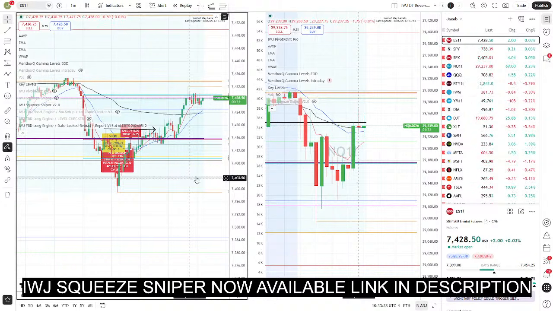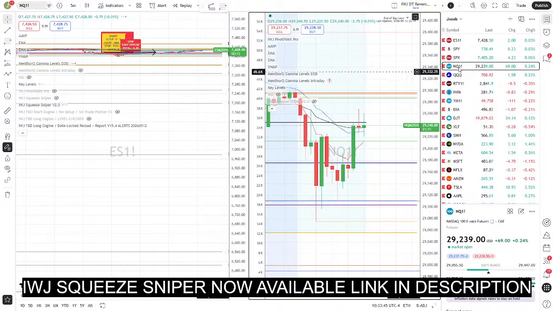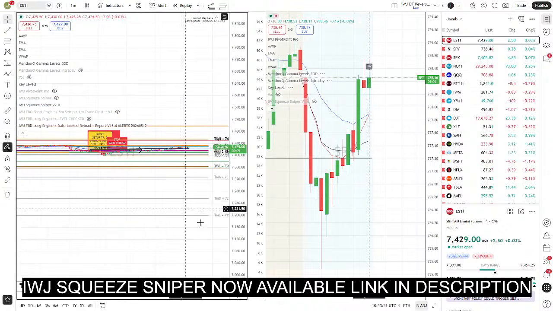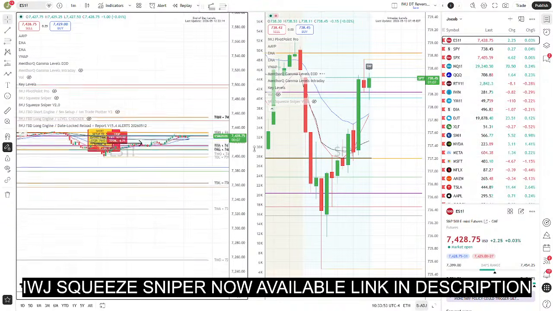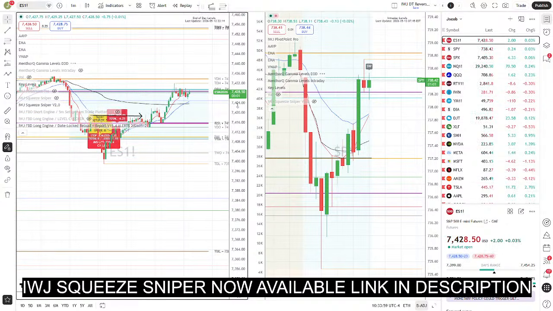I know I'm still on NQ because SPY is not trading. Oops, I switched the wrong one to SPY. SPY's giving us a sell warning here. That's interesting. Is my chart set up correctly?